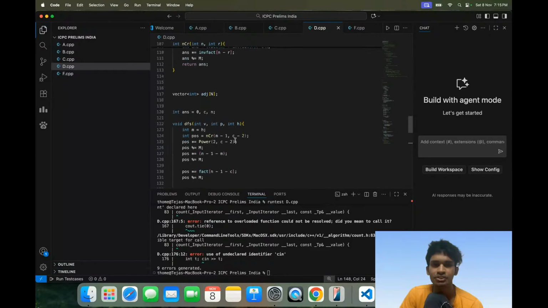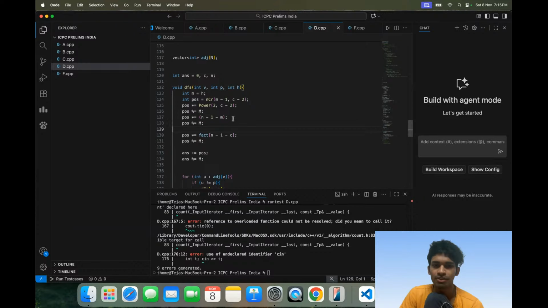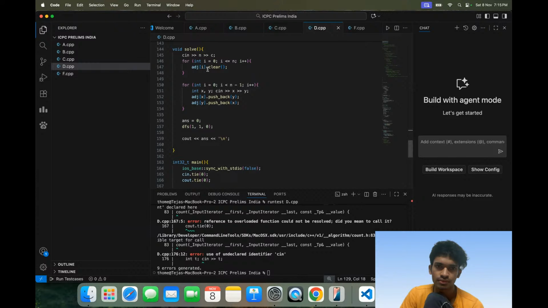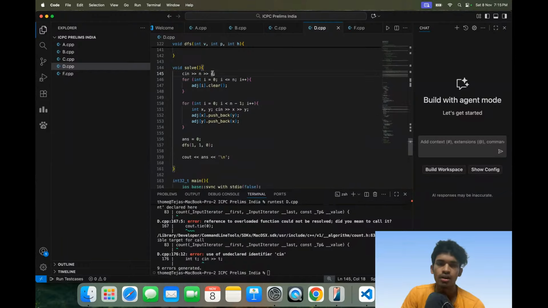So this is the correct solution, right? Maybe not. What do I do?